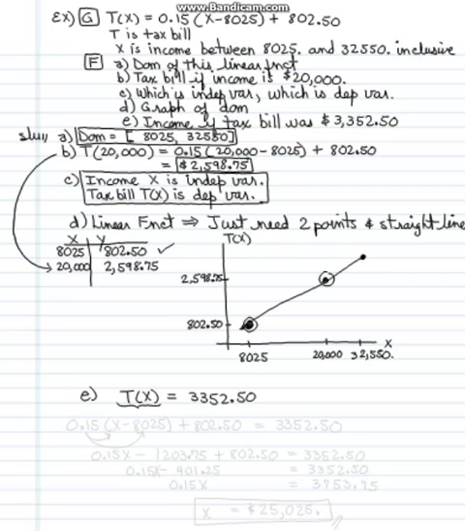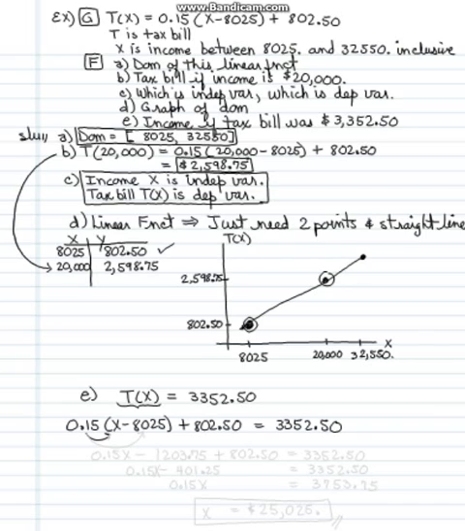So just replace T of X with the equation you're given for T of X. 0.15 times X minus 8025 plus 802.50. Now bring down the equal sign and bring down the other side, 3352.50. Okay, let's solve for X.